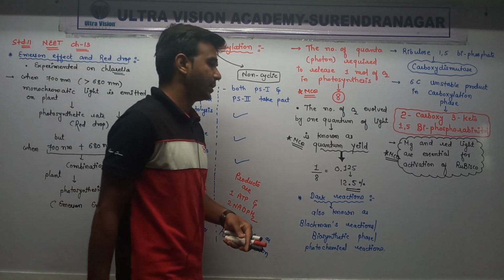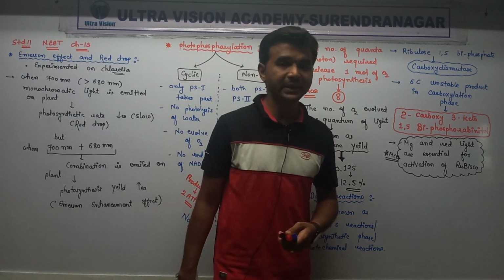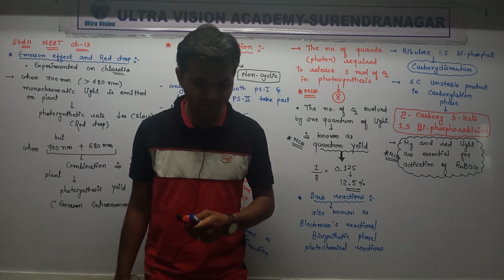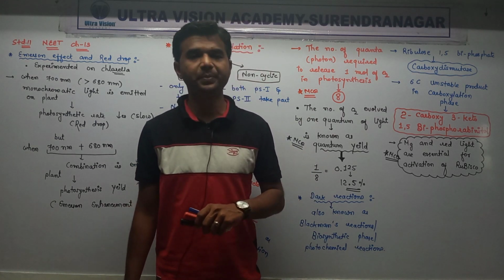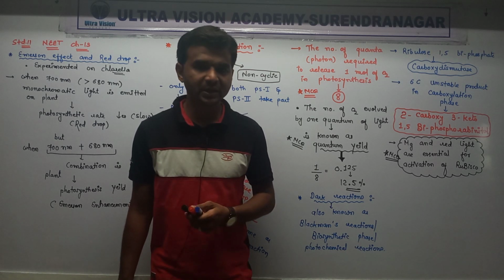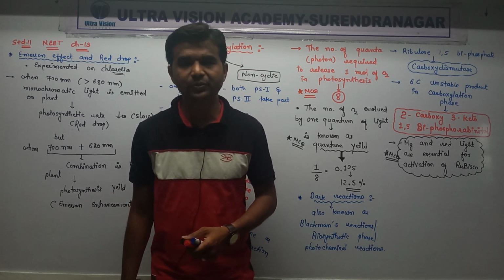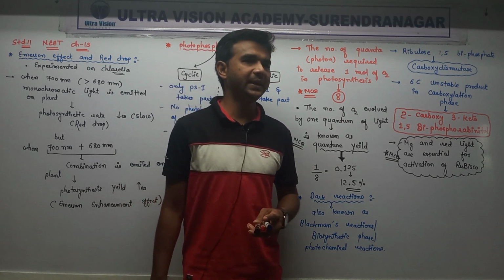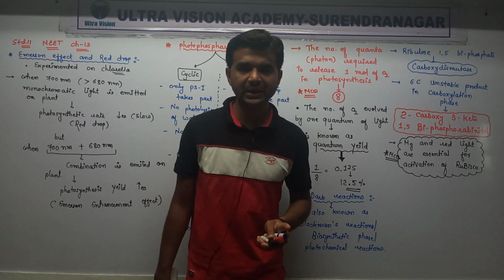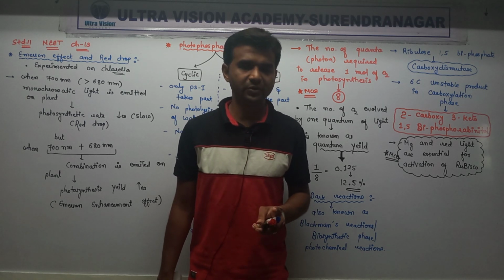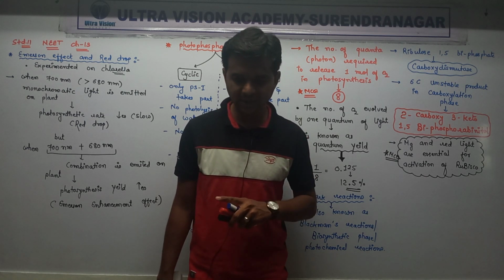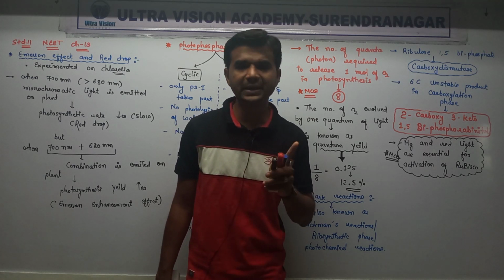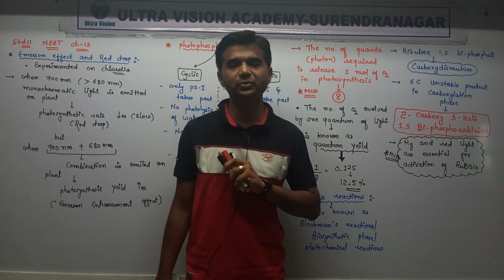So now you know that in the reduction phase, two PGA molecules are generated. Now in the reduction phase, with the help of two NADPH2 and two ATPs. See, in the carboxylation phase, no ATP, no NADPH2 are used, whereas in the reduction phase, two NADPH2 and two ATPs are used.